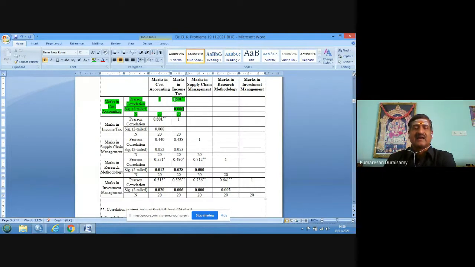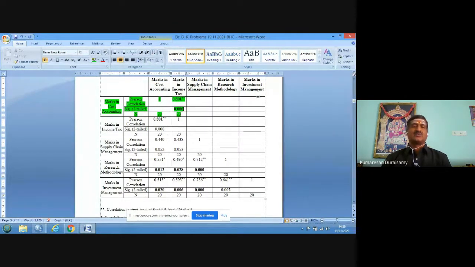That is the R value, the coefficient. What is the coefficient here? 0.801. That means 80.1%. Cost accounting marks and income tax marks are related to the extent of 80%.